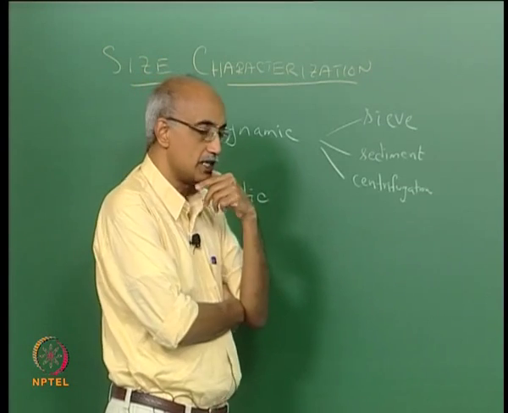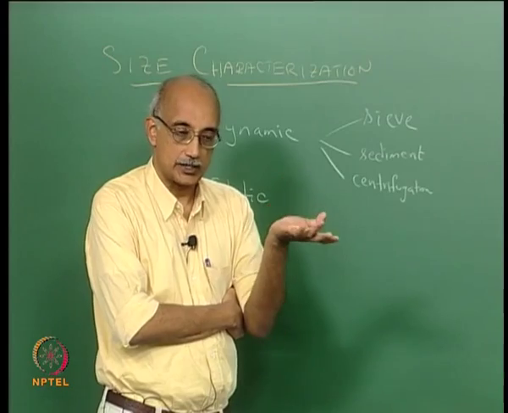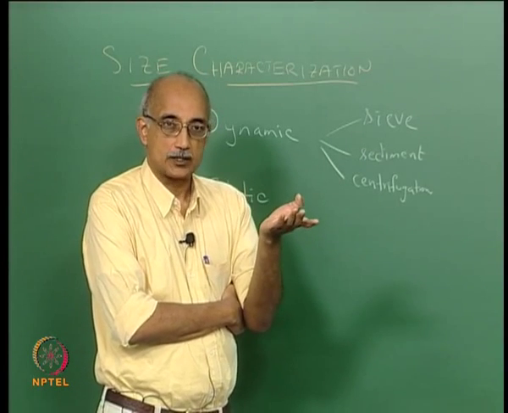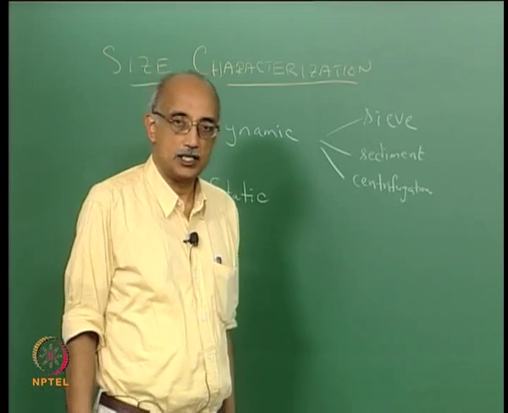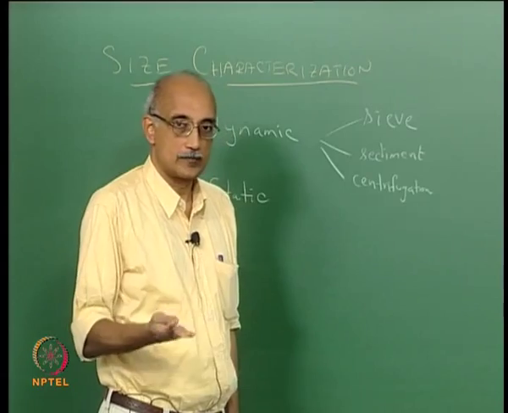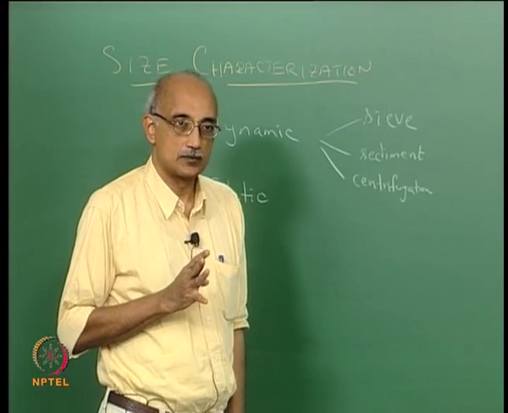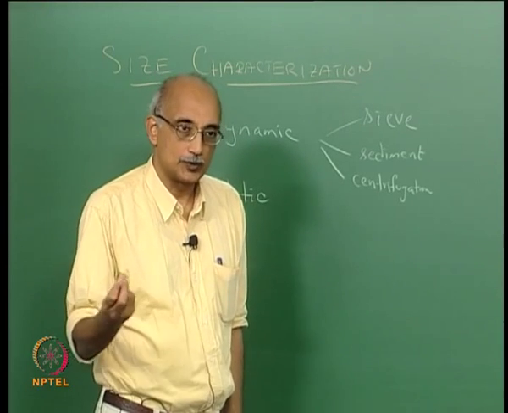So, sieve analysis is probably the most widely used technique for doing size characterization, but what are the drawbacks? The smallest size that conventional sieves can separate and size classify are about 40 micron sieves. If the particle size is smaller than 40 microns, they will slip through.